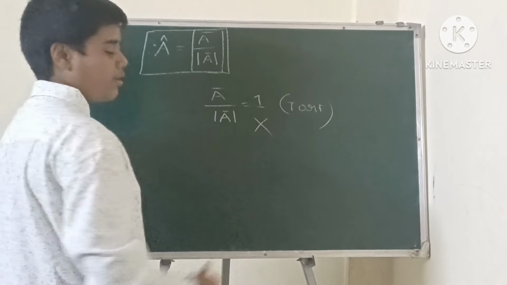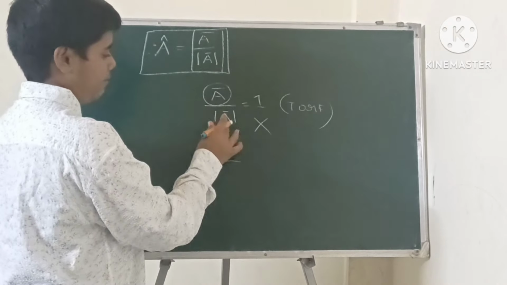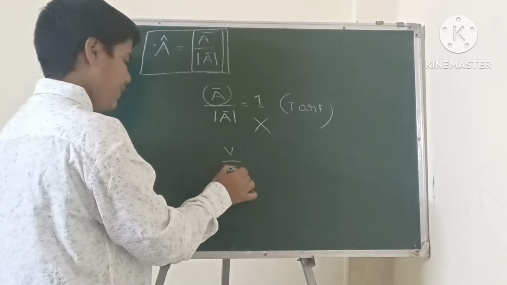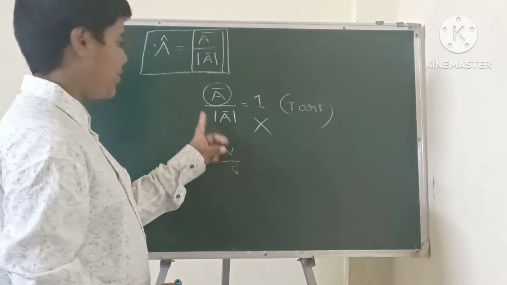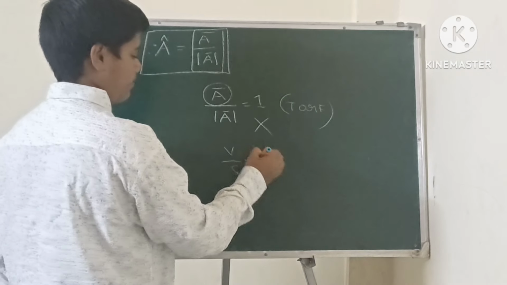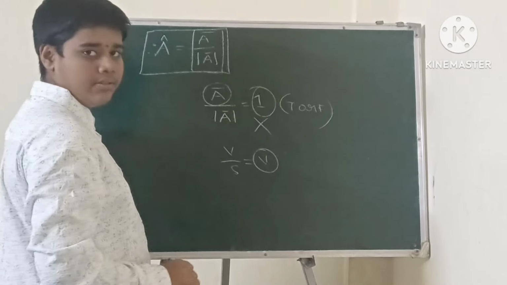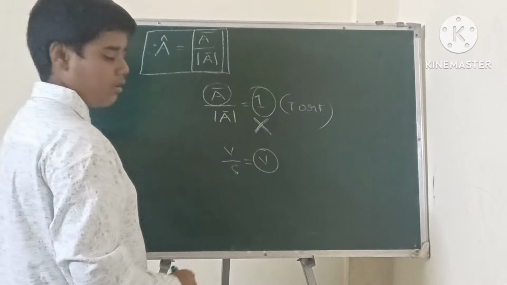This is wrong because here A bar is a vector, and mod A bar, the magnitude of A bar, is a scalar. So vector by scalar should be a vector, but here they gave 1, so it is wrong.